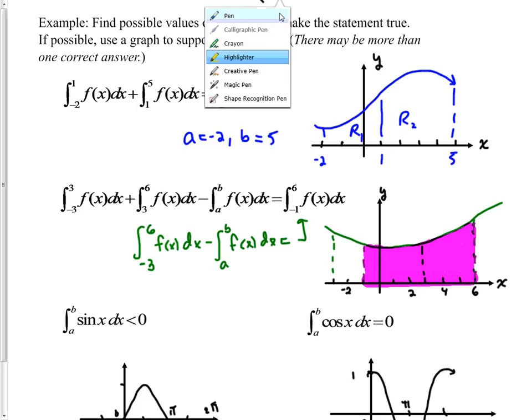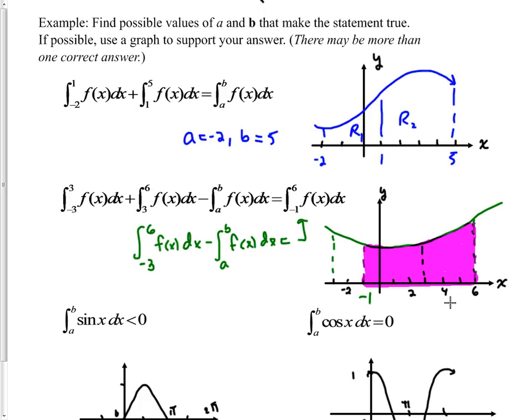And to do that, we're going to have to take away this little region right here. Taking away amounts to the negative of this integral between -3 and -1, which means that we should set a to equal -3 and b to equal -1. And doing so gives us that fixed region between these two endpoints, which is just what we were looking for.